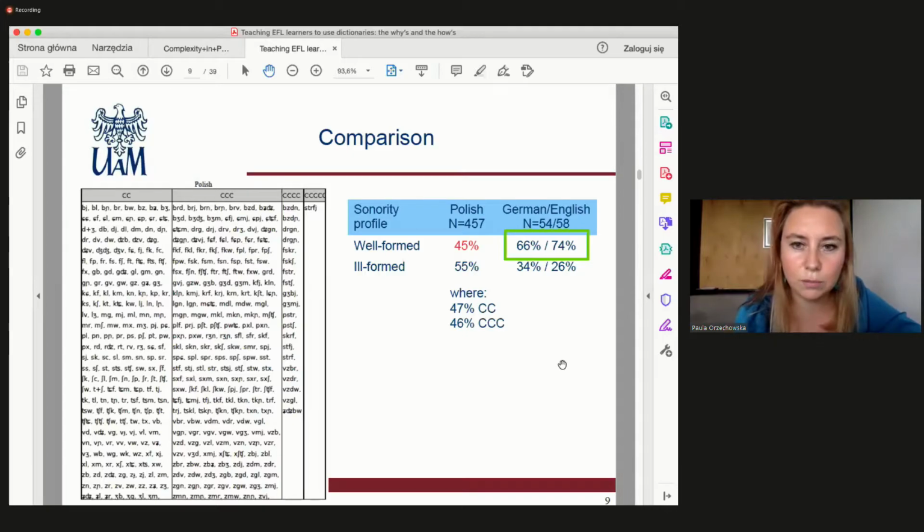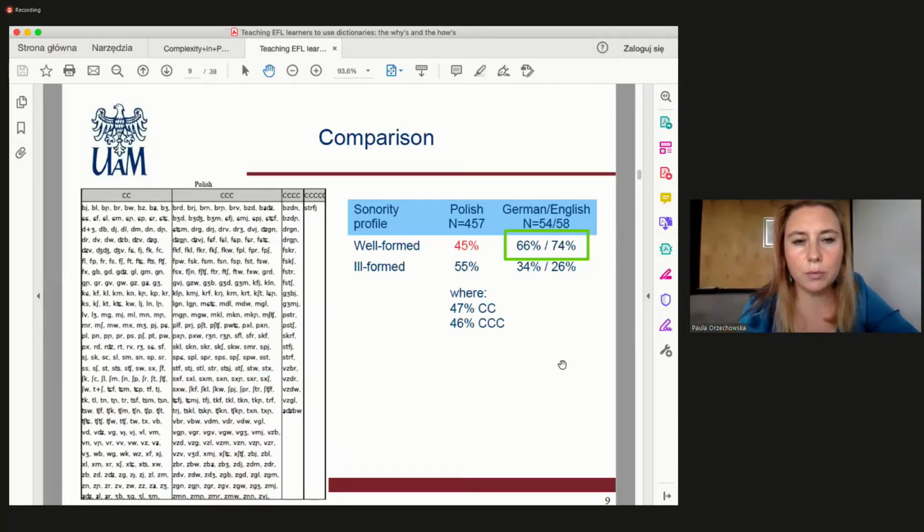So using the 7-point scale, there are instances here from Polish, German, and English. So please compare well-formed clusters. Clusters which follow the sonority hierarchy constitute 45% of this large list, while in German and in English, well, the number is larger. So basically, we would say that German and English are better formed than clusters in Polish.